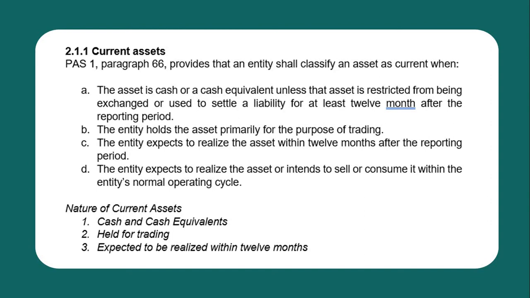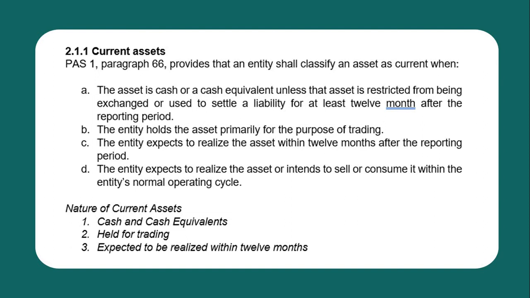The entity holds the asset primarily for the purpose of trading. So again, ang keyword nato ani is primarily held for the purpose of trading. Examples, accounts receivable, okay? Trading securities. So basta ang purpose is for trading, for exchange, then that would be a current asset regardless of the period that it will be realized.